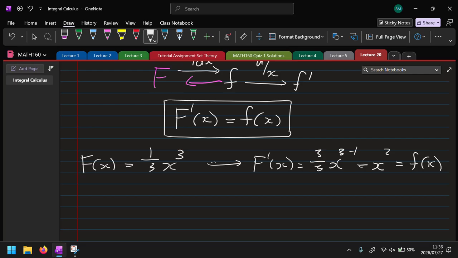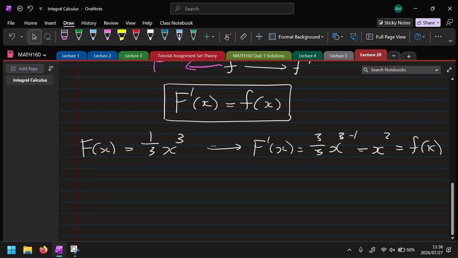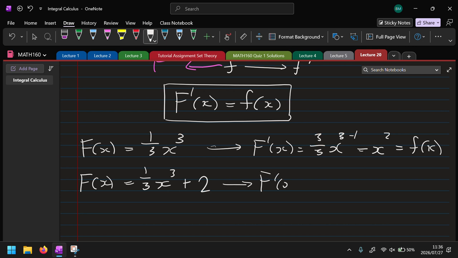Now, the important thing is, this isn't the only answer. What happens if we choose something like 1/3 x cubed plus 2? What's the derivative of this function? It's also x squared. So it also counts as an antiderivative. F prime of x is also x squared. So we got 2 solutions, right?